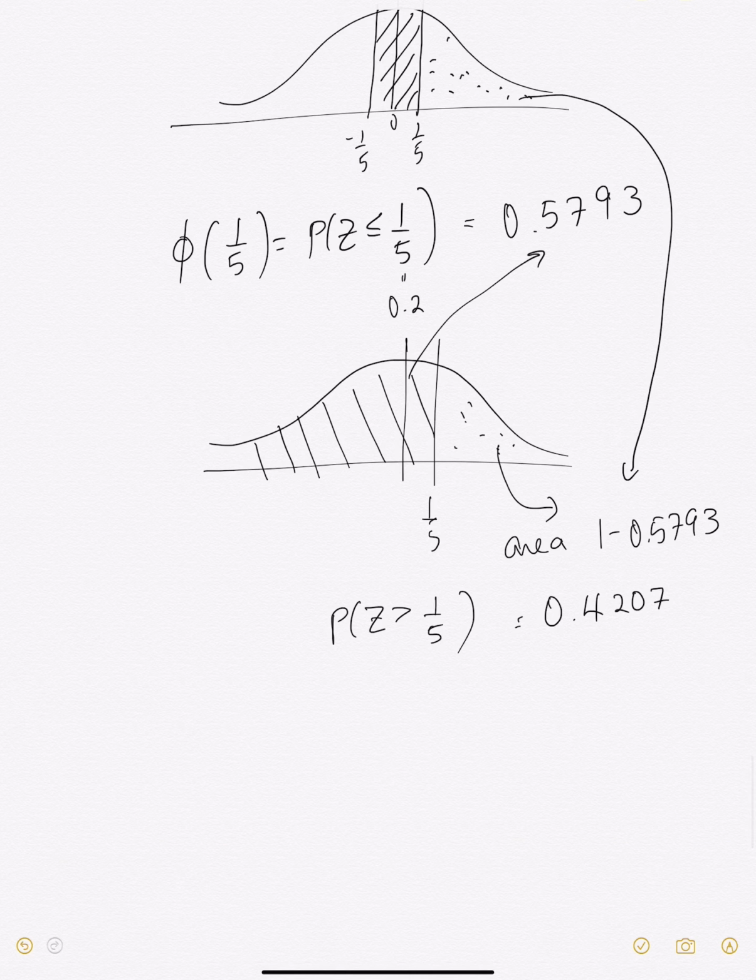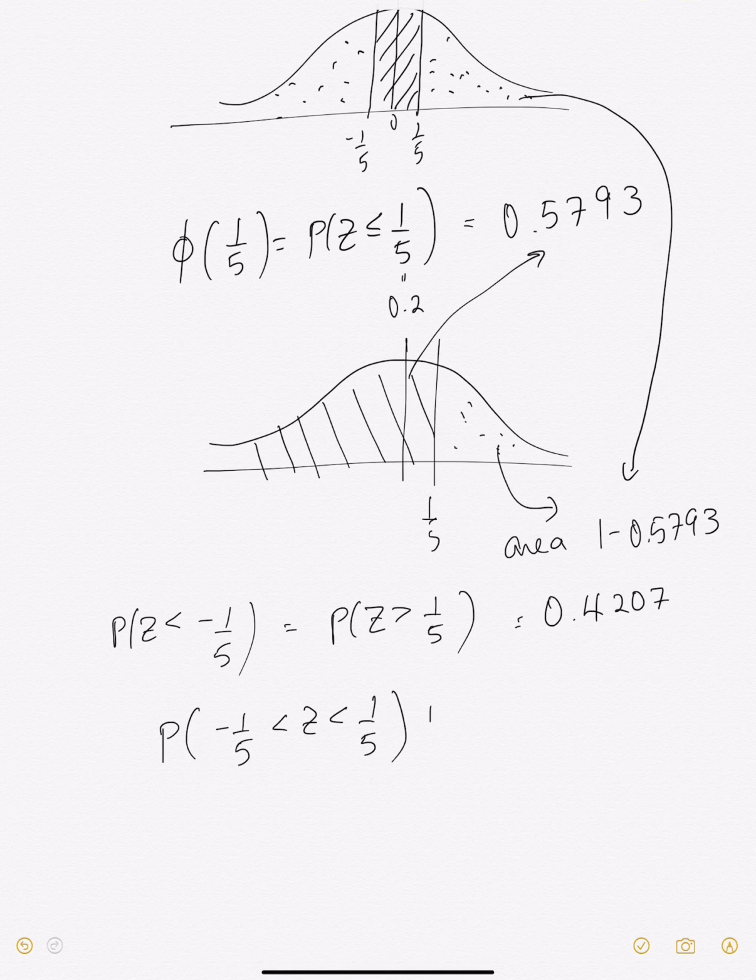In fact, that's the same as the area to the left of negative 1 over 5, so it's the probability Z is less than negative 1 over 5. So what's the probability that Z is between negative 1 over 5 and 1 over 5?